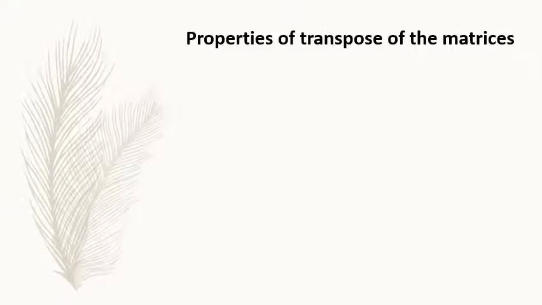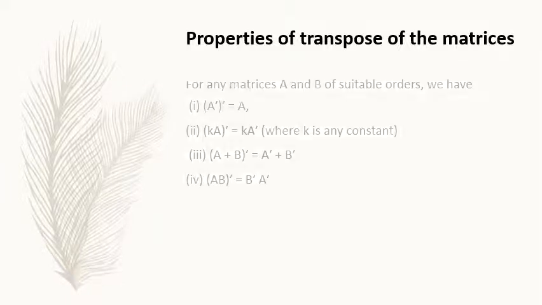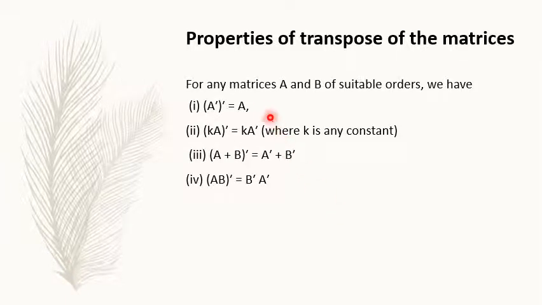What are the properties of transpose of matrices? These four are some of the properties of transpose of matrices. Let A and B be two matrices of suitable order.